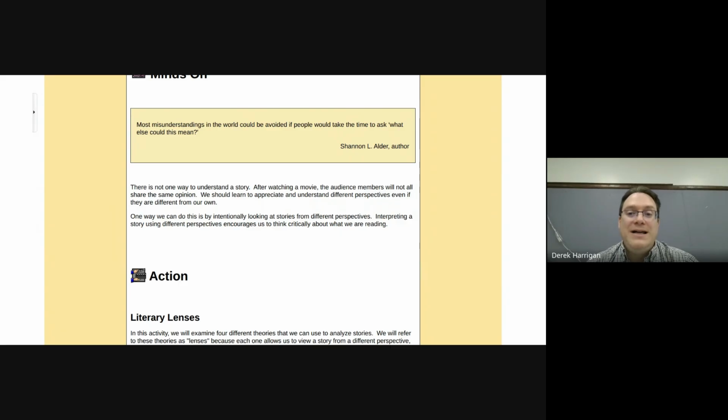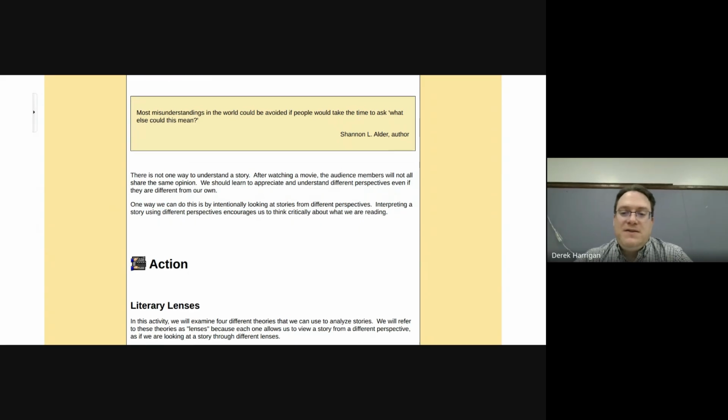They will analyze the movie or the story they've read differently based on their perspective, based on how they look at things. Maybe based on their culture, based on their experiences, based on their age. All of this can change how we see a story.